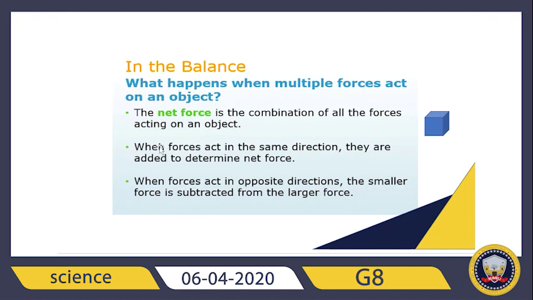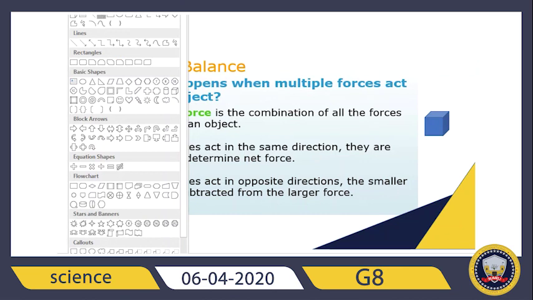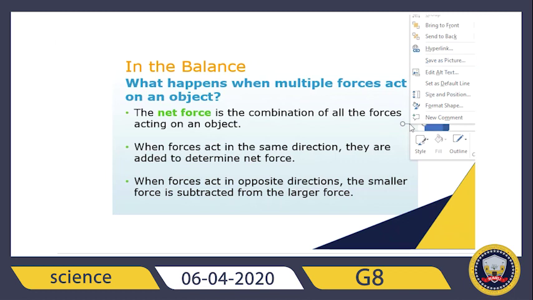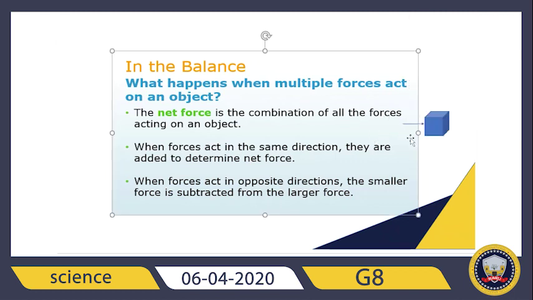Now, when forces act in the same direction, they are added to determine the net force. So suppose we have different forces acting on this object. One force is exerted on this object in this direction. The other force acts on this object from the opposite direction, this way.